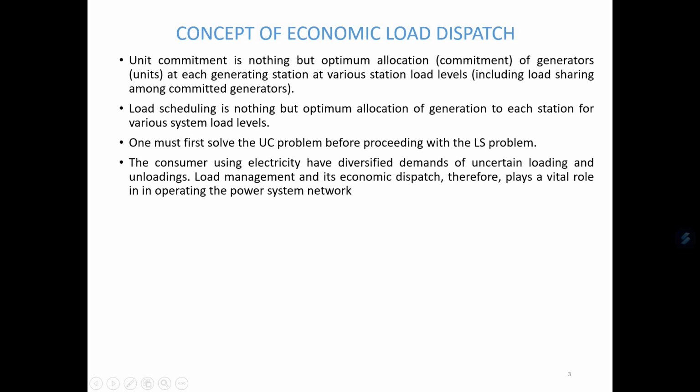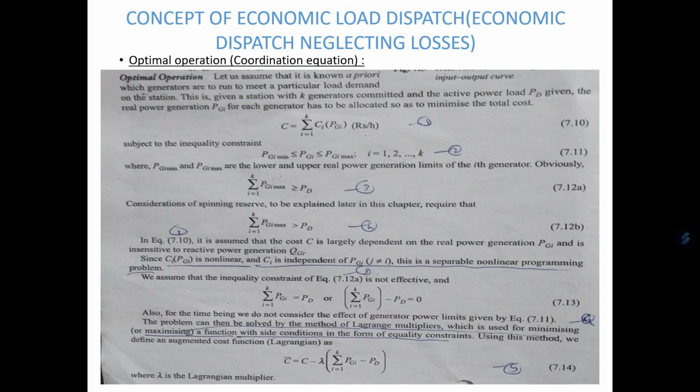So the consumers of electricity have diversified demands of uncertain loading and unloading. Load management and its economic dispatch therefore play a vital role in operating the power system network. Now, regarding the concept of economical load dispatch, neglecting transmission losses, first of all, we should have the idea about the derivation.